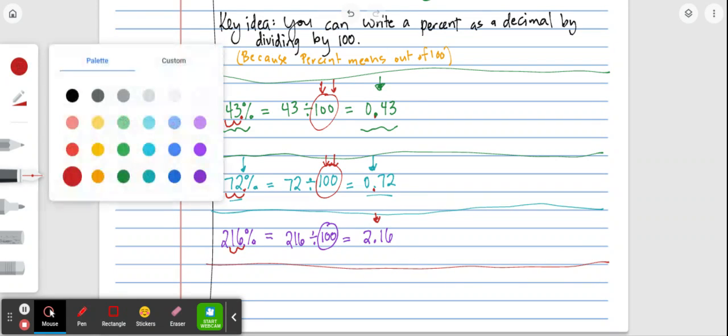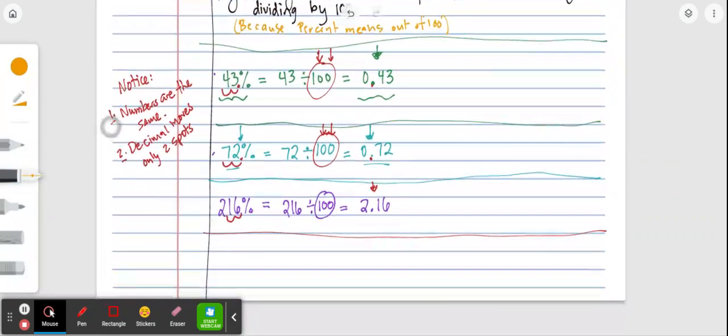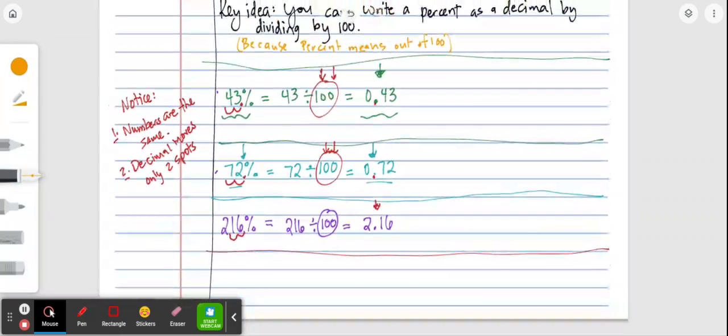Let's try another one. Let's do 431%. So again, I take 431 and divide it by 100.